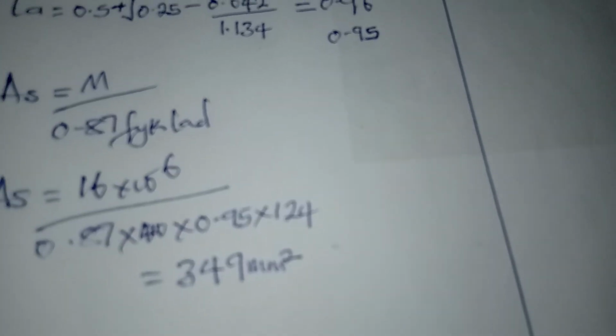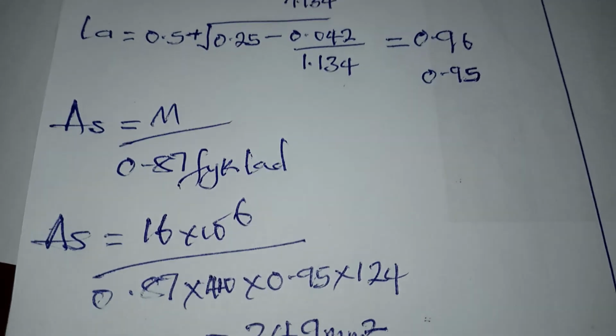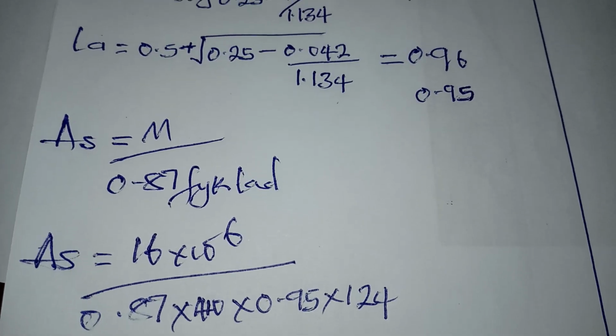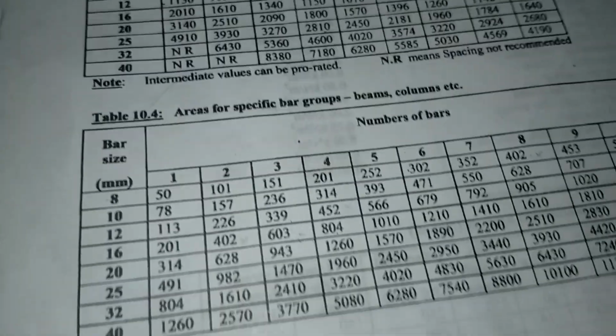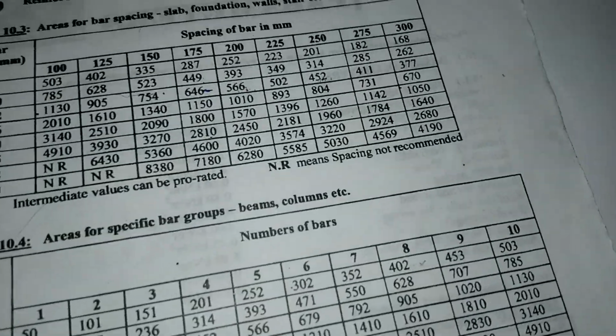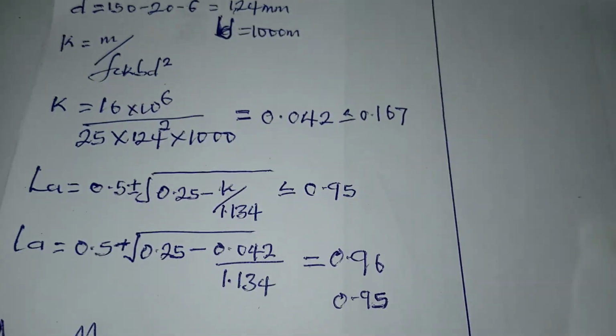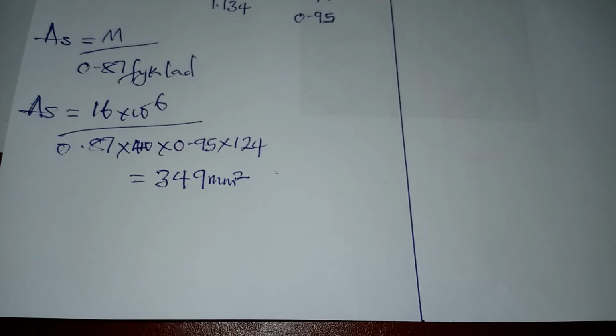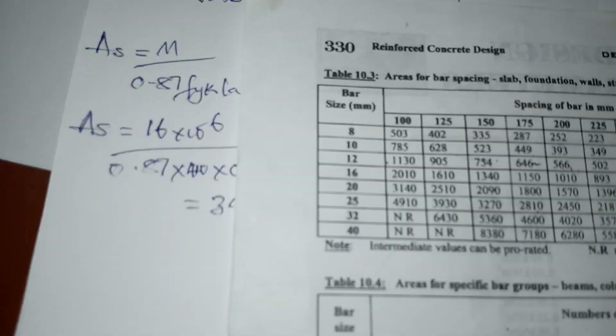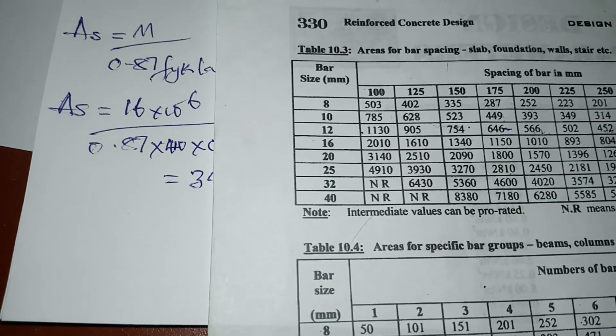So after this, we have to go to the table of values to look for the quantity and the spacing for this particular area. So let's go there. Okay, this is the table we are going to be using to look for the spacing and size of reinforcement to be used for this particular slab.